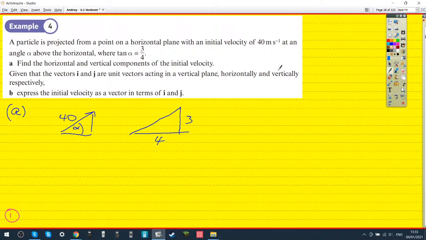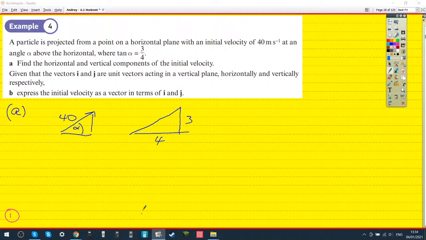Okay, so is it sine alpha or arc sine alpha? Sorry, is it arc sine of 3/4 or sine of 3/4? Forget it. Let's just go for alpha. What's alpha?